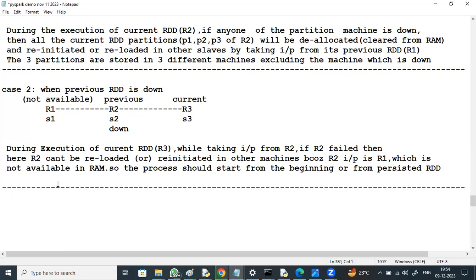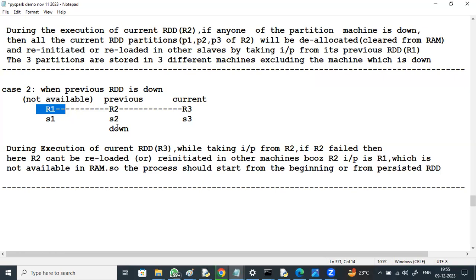In this case, there is no other possibility because the previous RDD is not available. Whenever the current RDD is computing and the previous RDD fails, it compulsorily has to start from the beginning, or if any RDD is persisted and available in the RAM, from there it has to come.